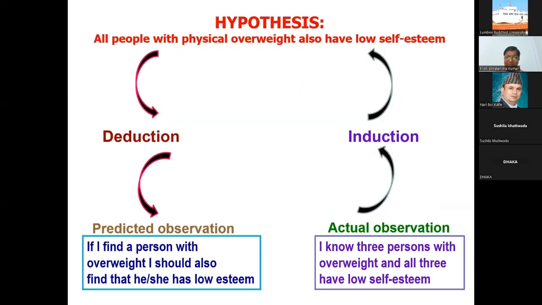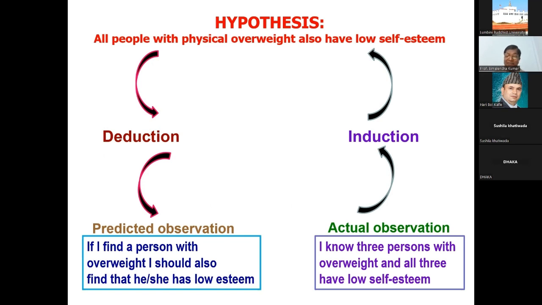Again, hypothesis: all people with physical overweight also have low self-esteem. How is the deductive approach or inductive approach of the hypothesis being undertaken? In the case of deduction, the predicted observation is: if I find a person with overweight, I should also find he or she has low self-esteem.